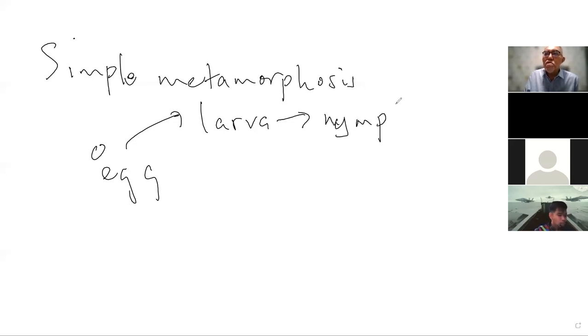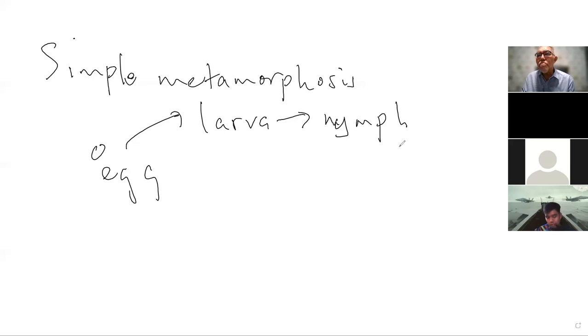This is rather peculiar, because larva is actually associated with holometabolous insects, but nymph is associated with paurometabolous, incomplete metamorphosed insects. But rather you have both, larva developing into nymph, serially.